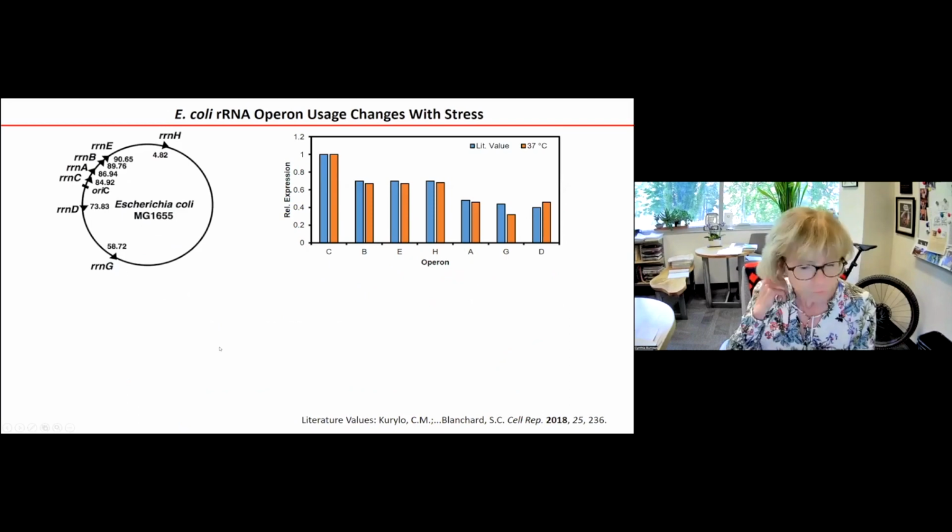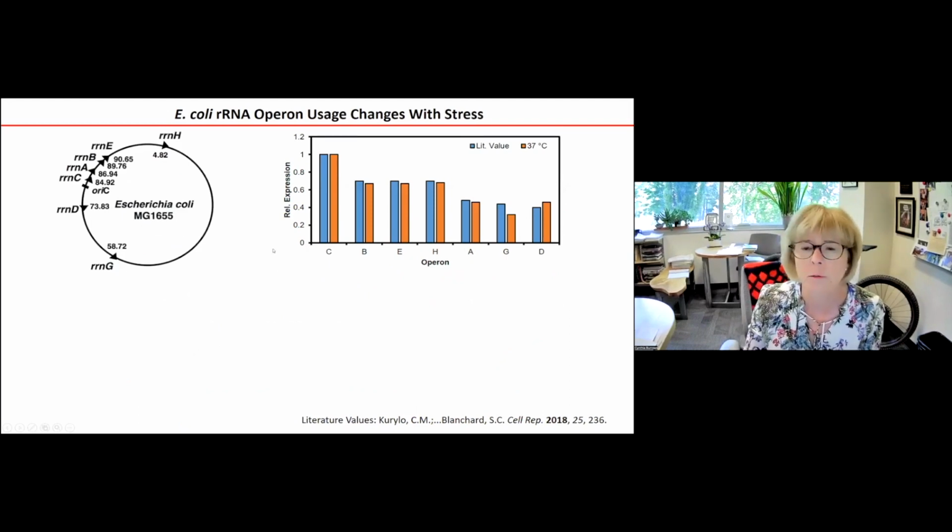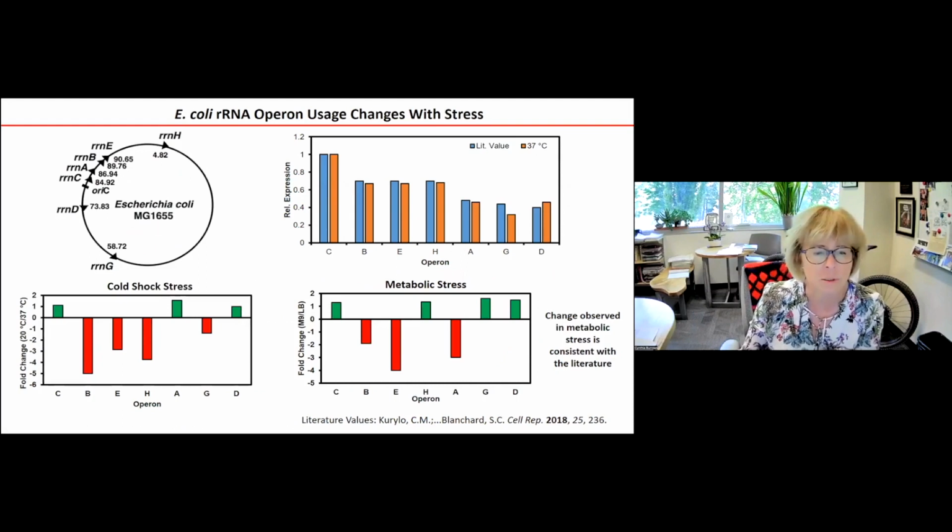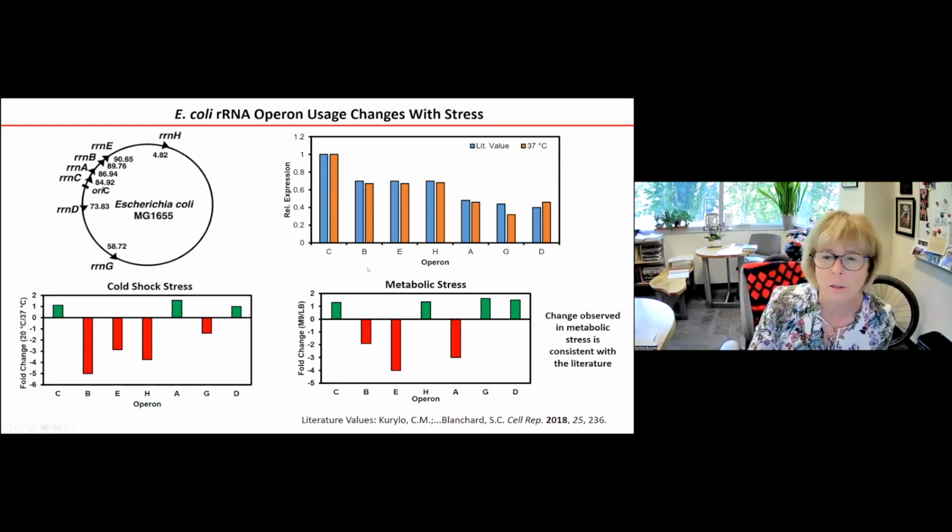And so thinking about this, we realized we should also be looking at modifications as a function of each operon. And also, we can, with the nanopore, simply count the different sequences and see how they change under stress.